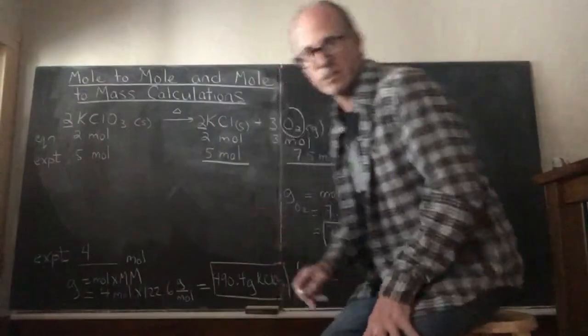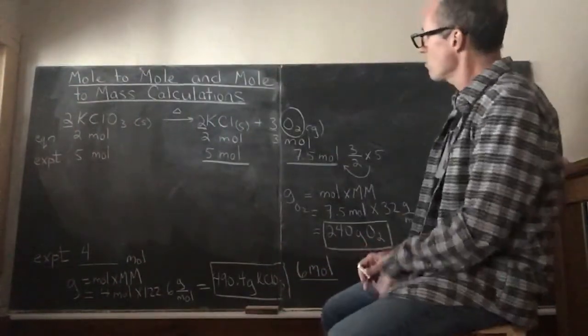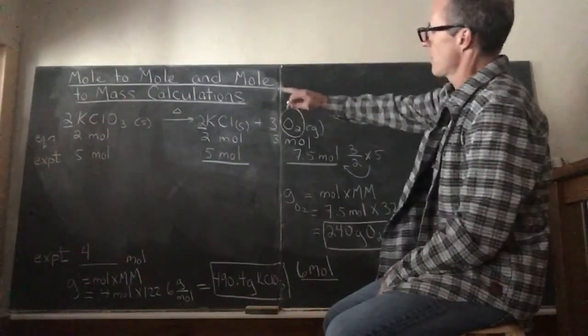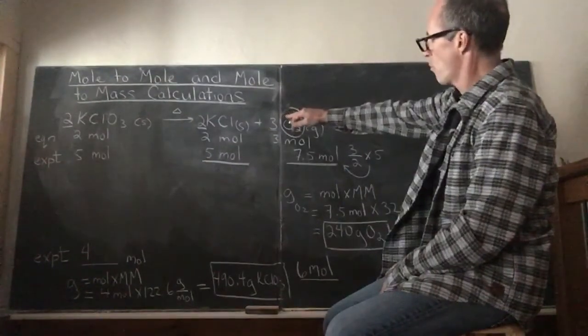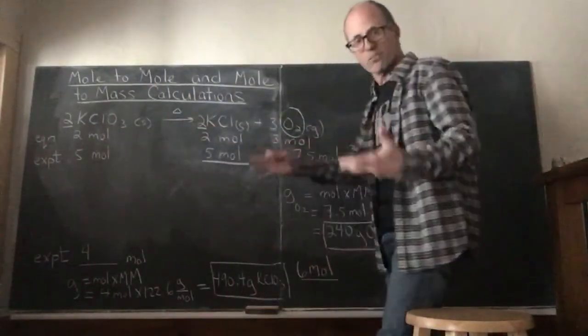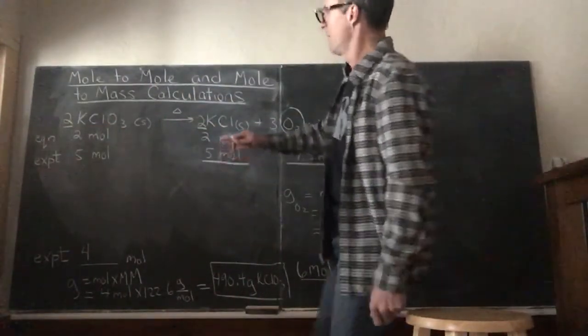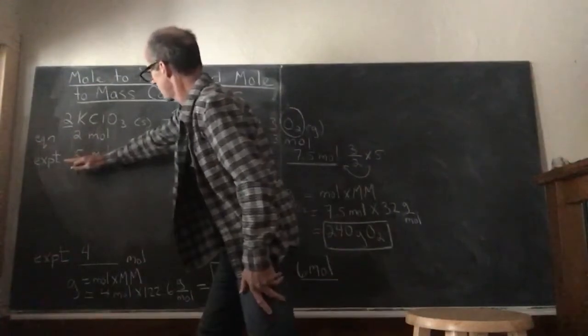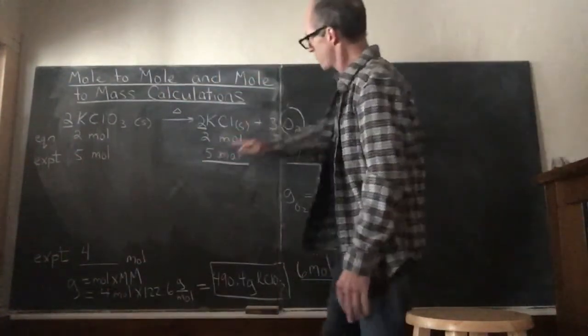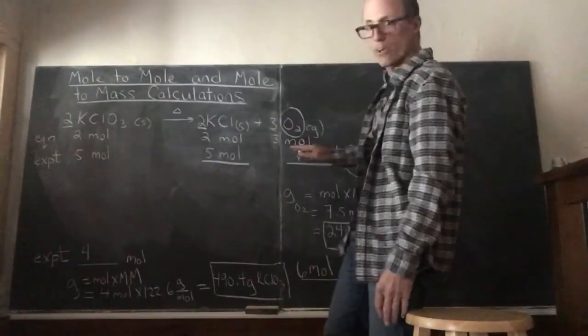So, there you have it. Fairly quickly, we are able to set up our equation. Our equation line always deals with the mole ratios that we see from the balanced equation. Yes, the equation has to be balanced. The experiment line, in this case, is really what the question's asking. And this is kind of a unique method that I use to solve problems.